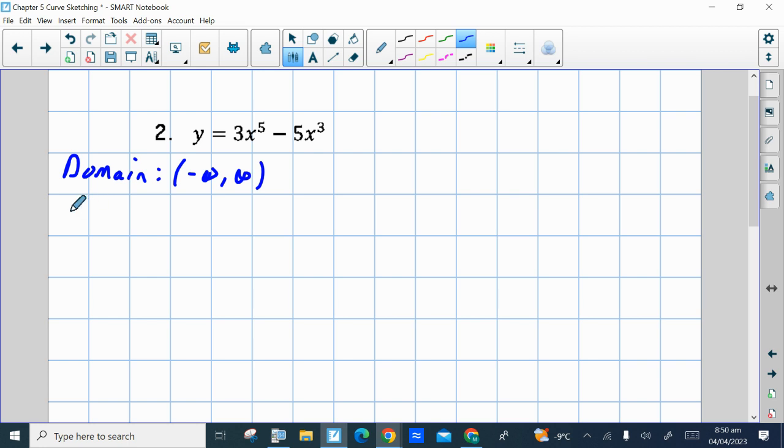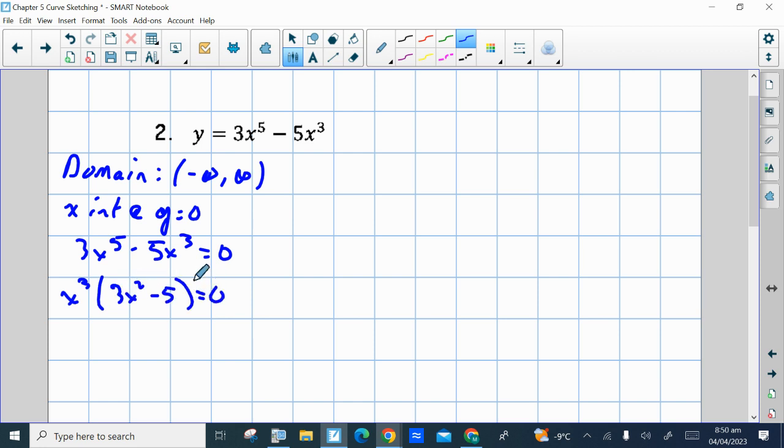Our intercepts, x-intercept is again where y equals 0, where 3x to the 5th minus 5x cubed equals 0. So there is a common factor here of x cubed, which leaves us with 3x squared minus 5. And the x-intercepts come where each of those factors equals 0.